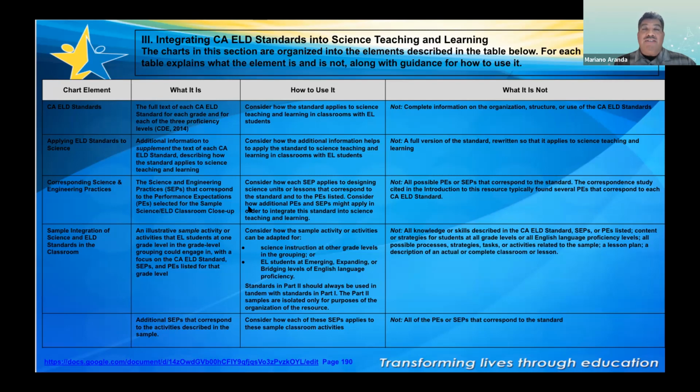And then now you have to separate that apart into the SEPs, the science and engineering practices. Where do all of these fit in, right? Like which ones are the standards? It gets so confusing, and that's what this is saying. Where do they align? Well, they align in terms of the performance expectations aligned with the California ELD standards. So we break them out into smaller chunks, and that's what we're showing you right now.